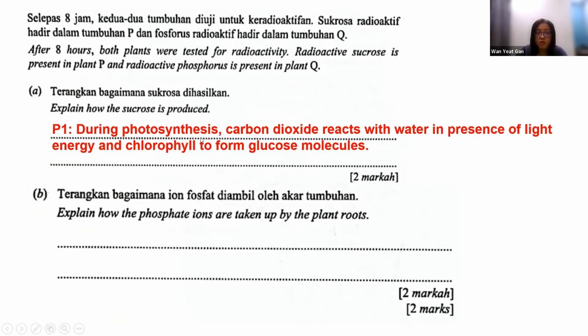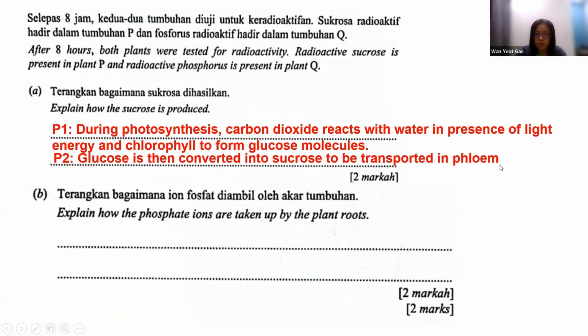Sucrose is a disaccharide, so glucose will combine with fructose to form sucrose. This is another answer, a continuation, because this one has 2 marks. So glucose is then converted to sucrose to be transported in phloem.